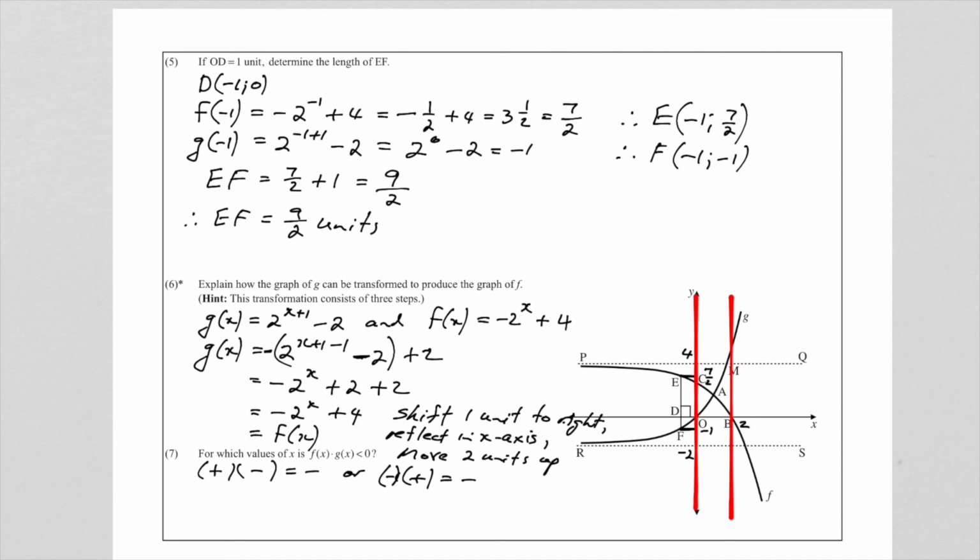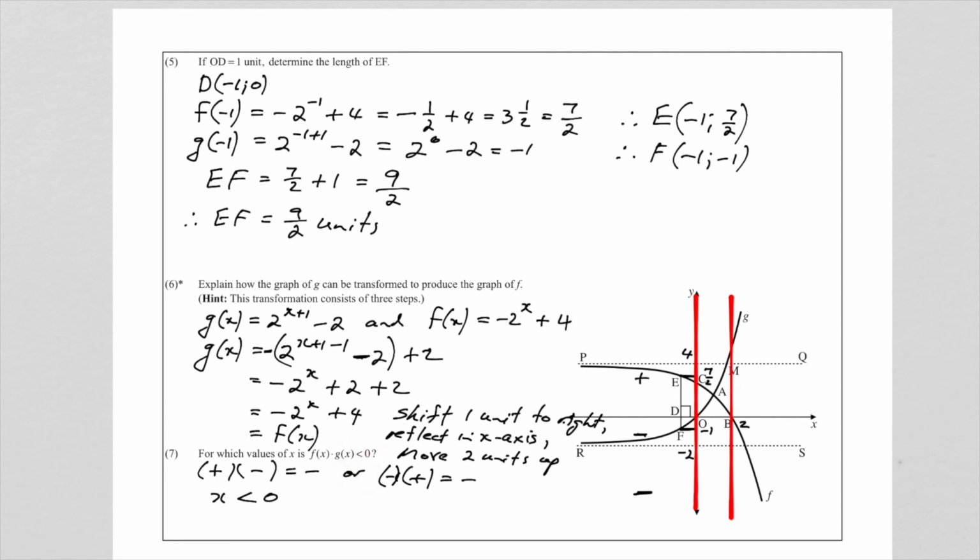So let's see what happens in the interval less than 0. You will notice that the graph of f is positive and the graph of g is negative because it's below the x-axis. So that means the product is negative, and you will agree that is what we are looking for. So let's write down the solution: x will be less than 0. We're not going to include the equal because, as you can see in the question, there was no equal given to us.